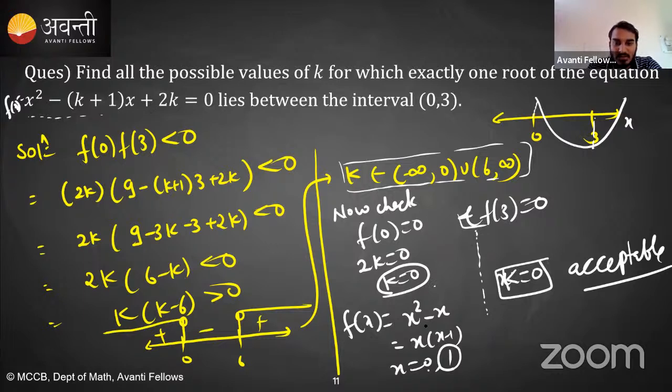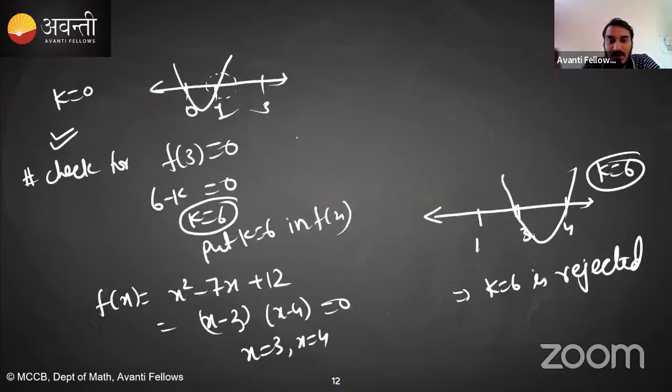You will get the equation x square minus x. From there I see that the roots are x is equal to 0 and x is equal to 1. It means if k is equal to 0, then there is exactly one root which is lying between 0 and 3, which is x is equal to 1. So that's why k equal to 0 is accepted.